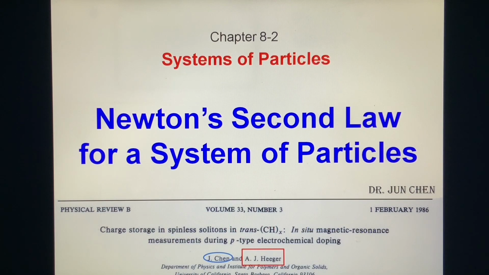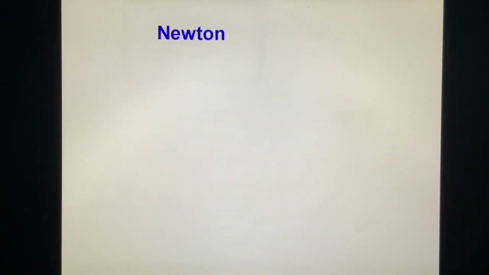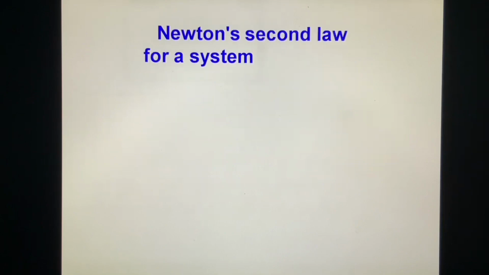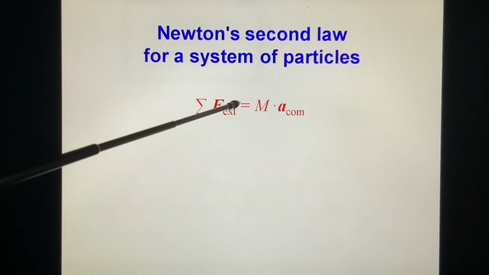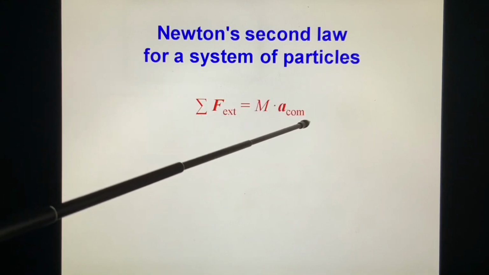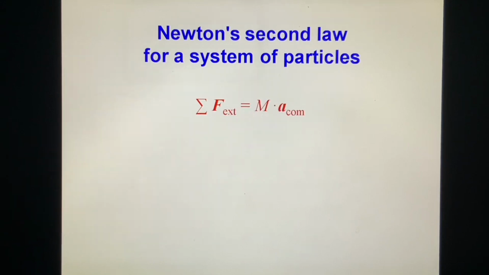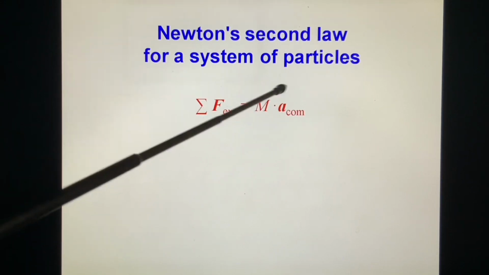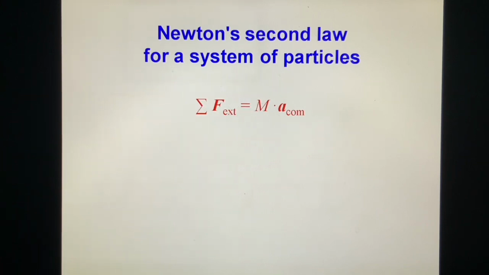Newton's second law for a system of particles: sigma F external equals M a_com. F equals ma, but each term has a different meaning.